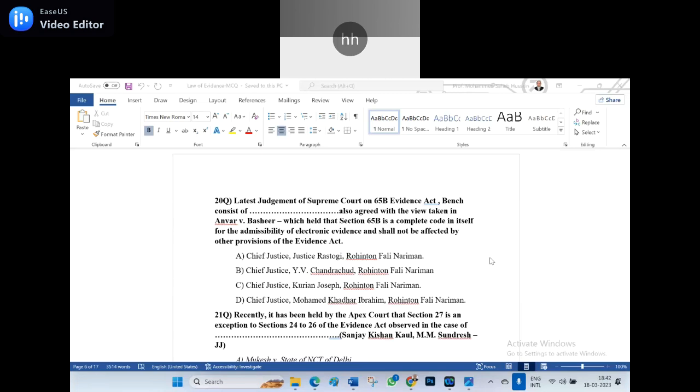C. Chief Justice Kurian Joseph, Rohinton Fali Nariman. And the last, D. Chief Justice Mohammed Khader Ibrahim, and the next is Rohinton Fali Nariman. Out of A, B, C, D, now shoot, who are the bench?